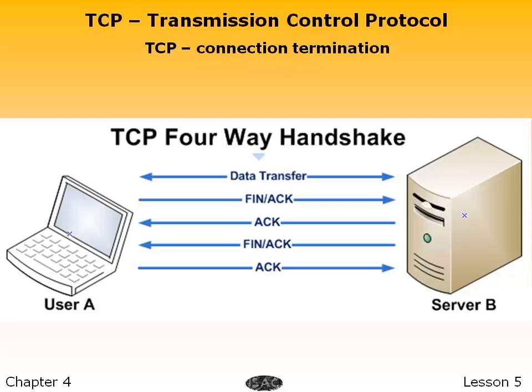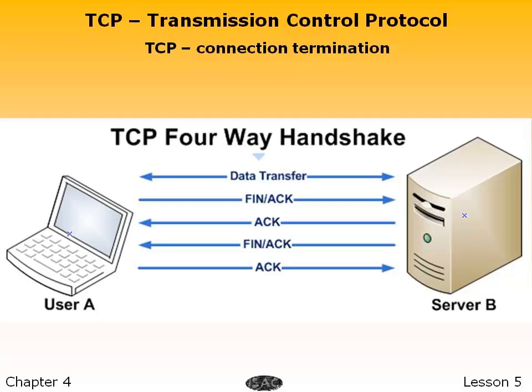These mechanisms control the rate of data entering the network, keeping the data flow below the rate that would trigger collapse. They also yield an approximately max-min fair allocation between flows.